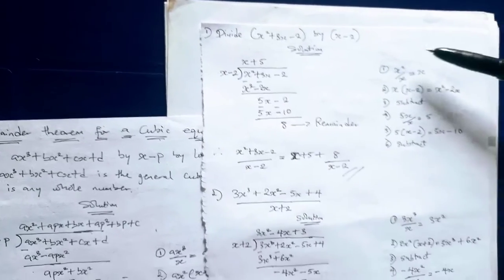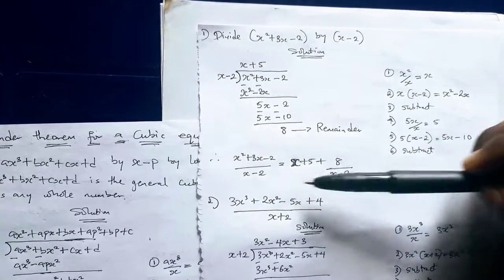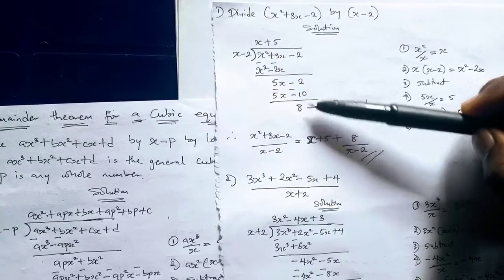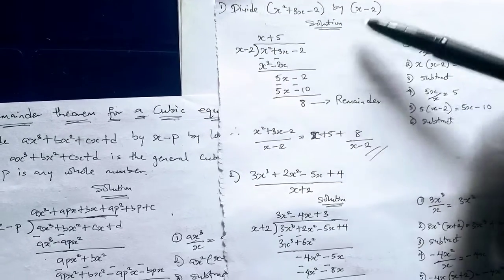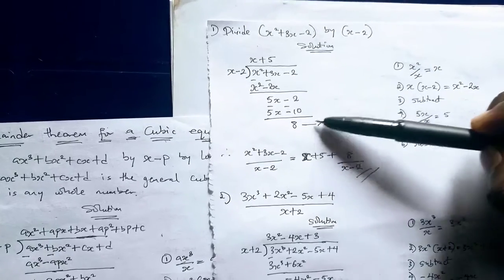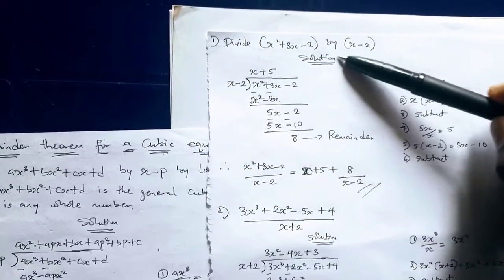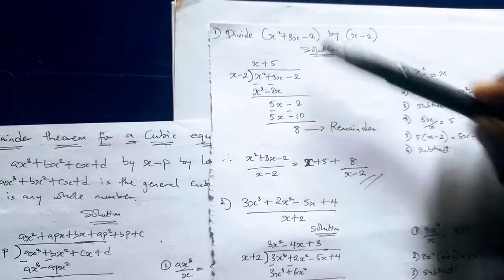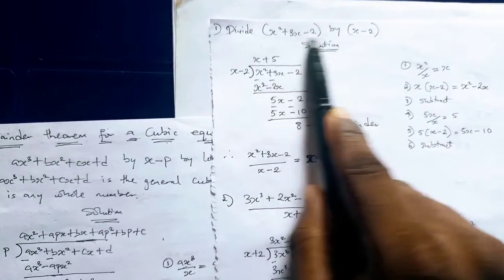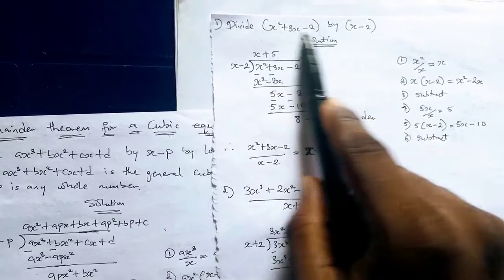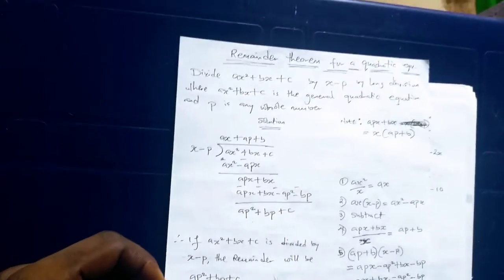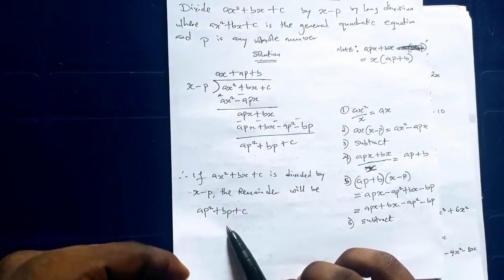Now, we can see following the long division process that we got 8 as our remainder. This shows us that x minus 2 is not a factor. And instead of going through this long division process, we can just apply the remainder theorem to look for the remainder, which is 8 here, using the remainder theorem for the quadratic equation here.